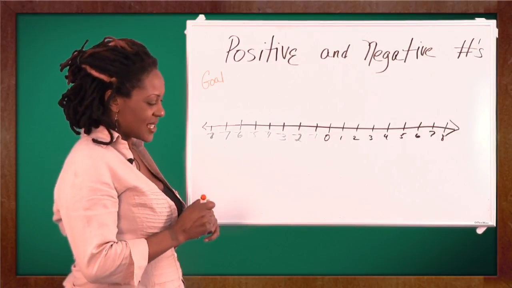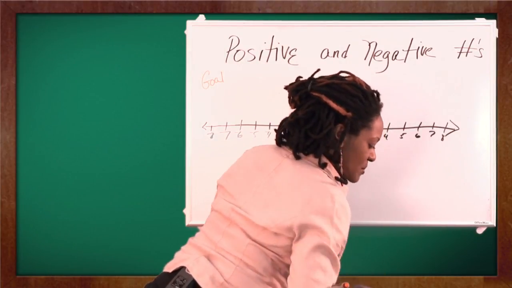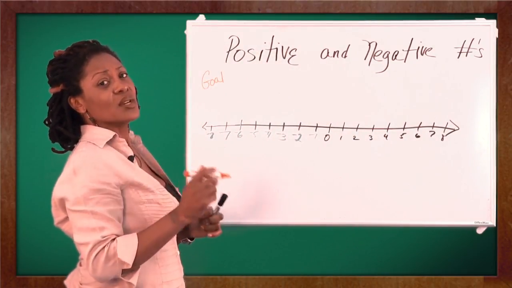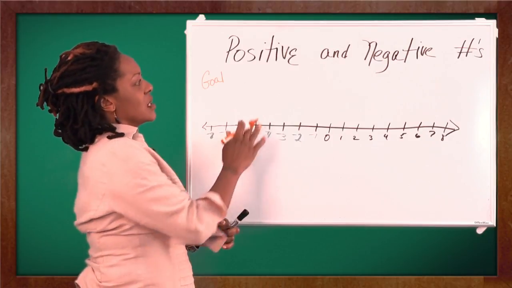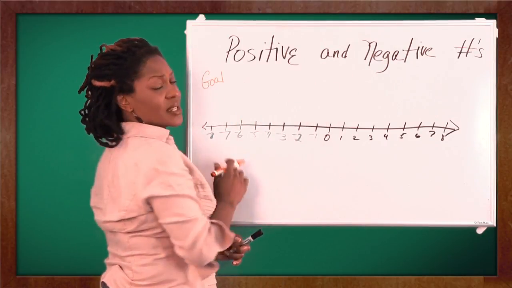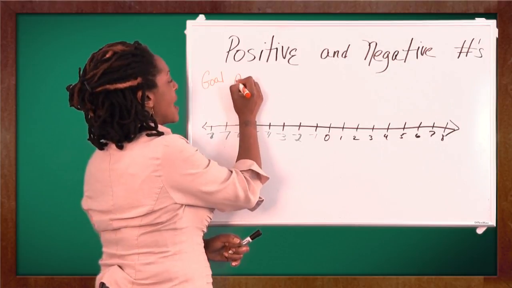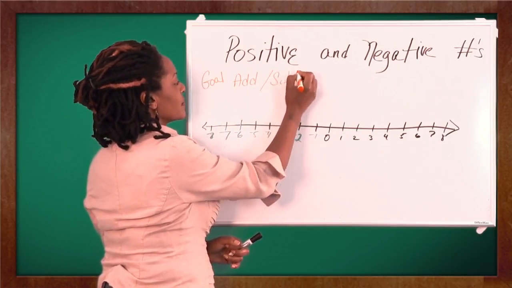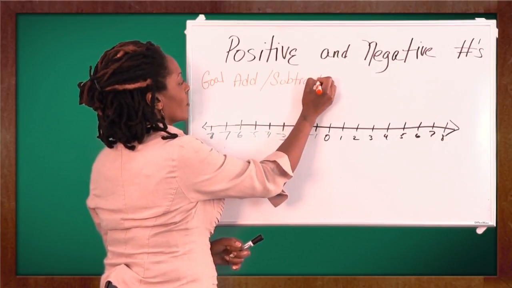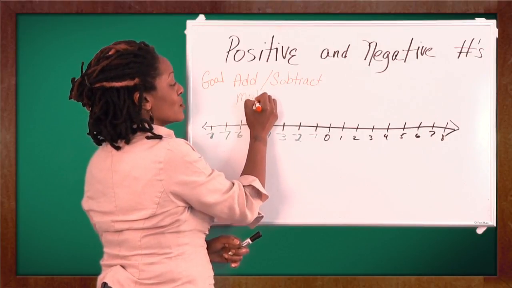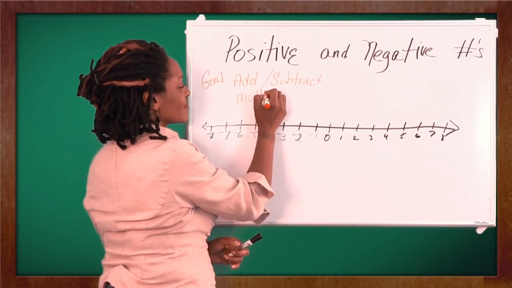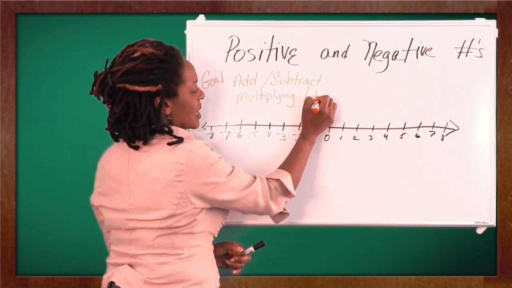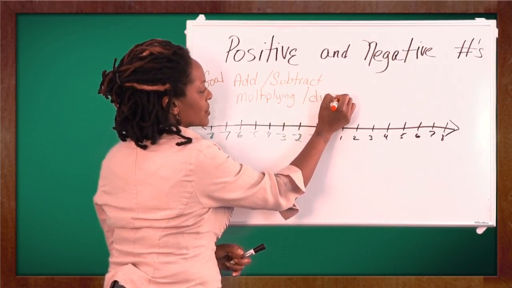Okay? So let's just give ourselves a little example. I'm going to use my black marker. Here I wrote the word goal because we should always know where we're going with this lesson. So here the main heading is positive and negative numbers, and our goal is to add and subtract the numbers, and then understand the rules of multiplying and dividing these numbers.